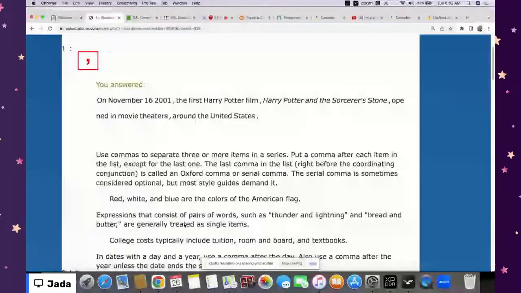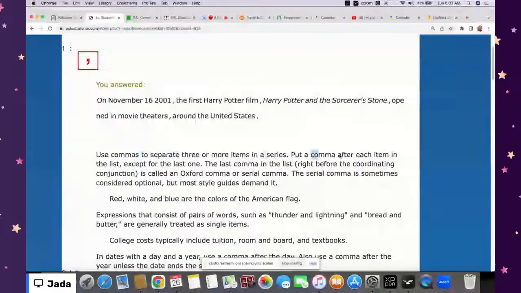The last comma in the list right before the coordinating conjunction is called an Oxford comma or a serial comma. The serial comma is sometimes optional, but most style guides demand it. Okay, so let's just go over this again. Use commas to separate three or more items in a series.